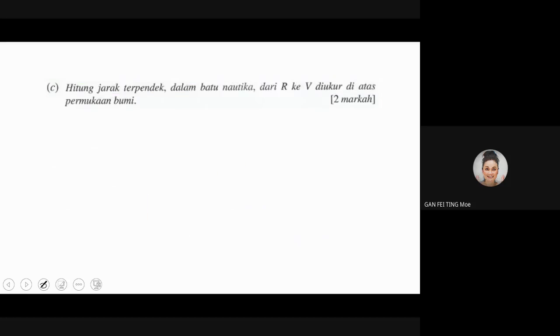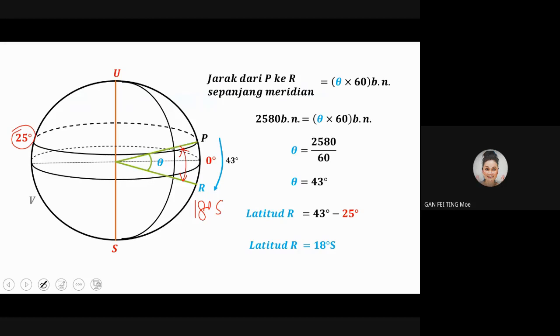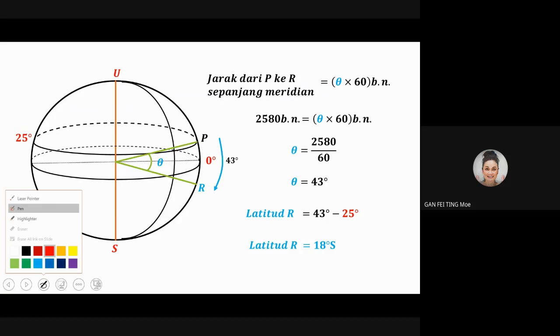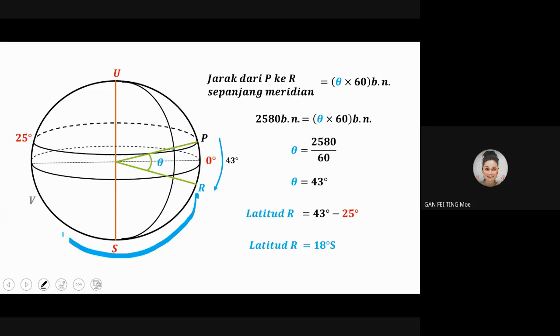VR. Go back to the original diagram, VR. So now the question is here. They want you to evaluate the distance from here to here. I use highlight from here to here. Why do I follow this instead of following this? You have two ways. One is by following the latitude, along the latitude that you go.